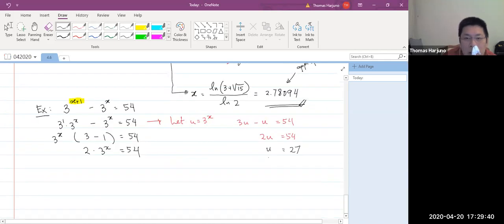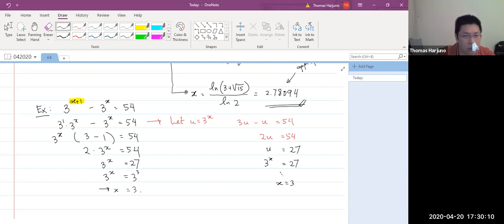This is 3 to the x equals to 27, x equals to 3. Divide by 2 both sides, and I rewrite that 27 as 3 cubed, so I get x equals to 3. But this type of question requires you to know some properties for exponents.